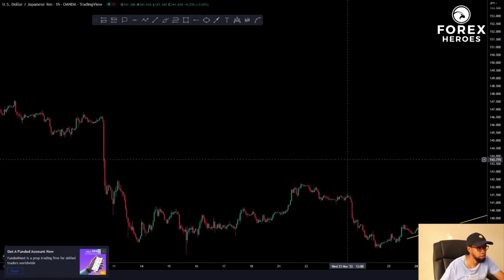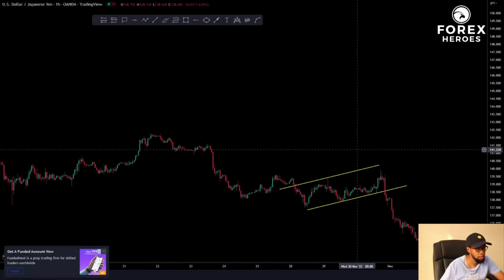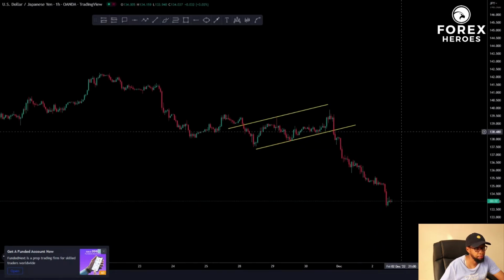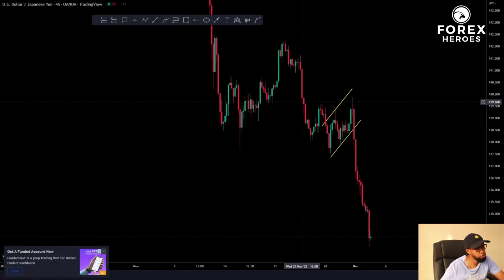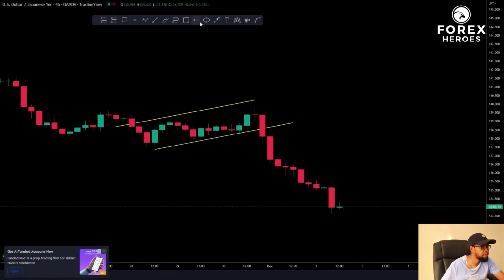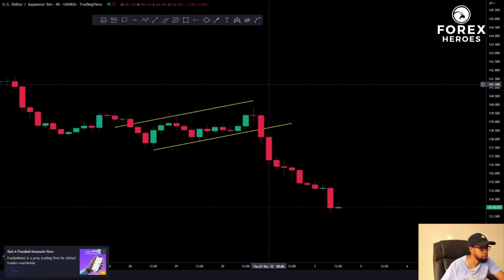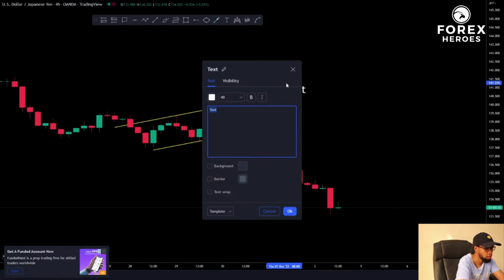Yes, I want to show you something. Okay, found it. I want to show you this point here. Can you see here we are having a doji? This is a doji. Let me put it here. Doji candle.